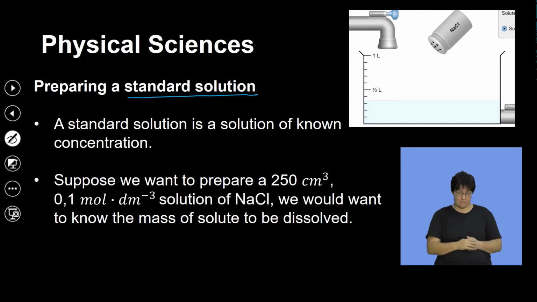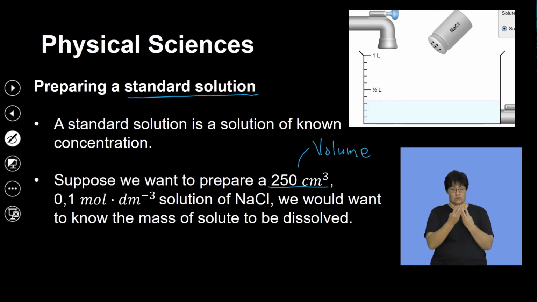Now, suppose for argument's sake, we want to prepare this volume, 250 cubic centimeters of solution, at a concentration of 0.1 mole per cubic decimeter of sodium chloride.